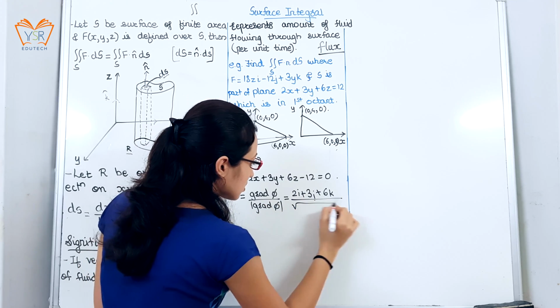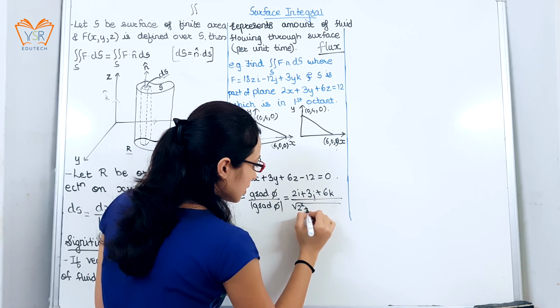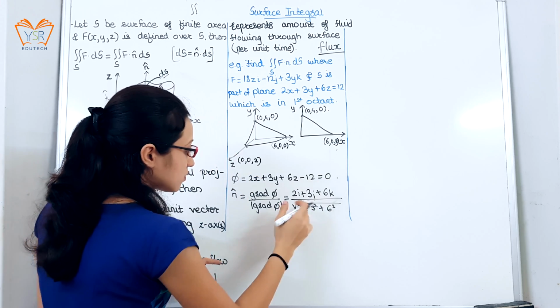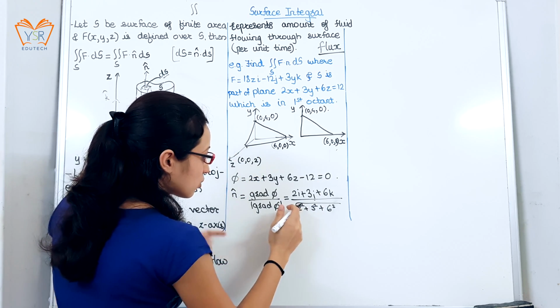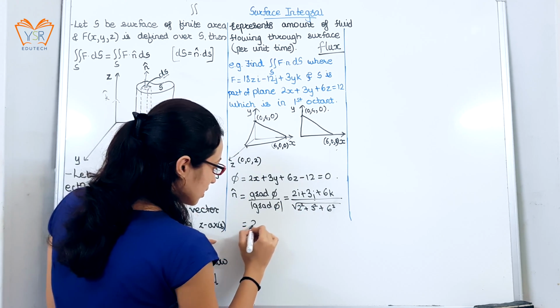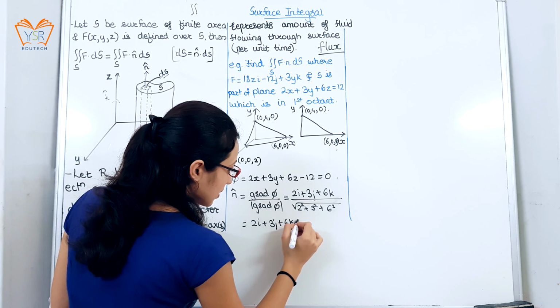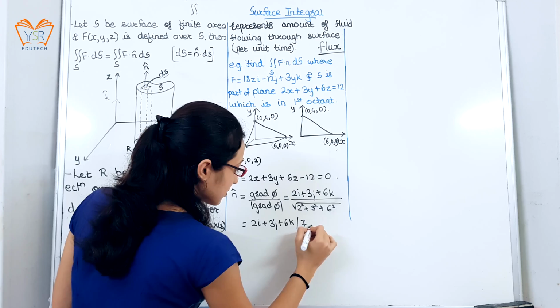The magnitude of this is root of 2 squared plus 3 squared plus 6 squared, that is 4 plus 9 plus 36, which gives 49. The root of 49 is 7. So we get n cap equal to 2i plus 3j plus 6k divided by 7.